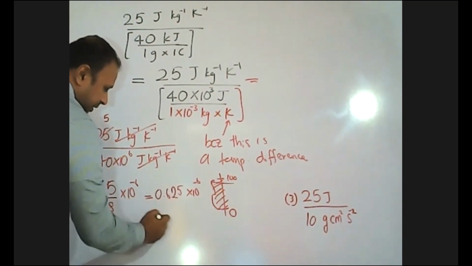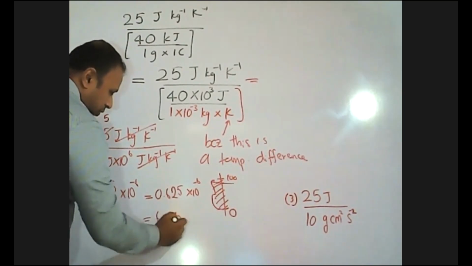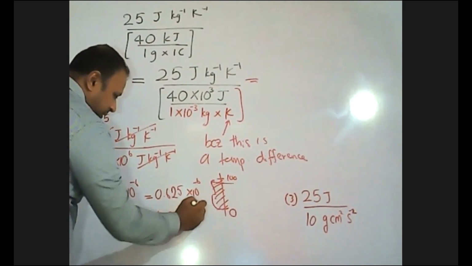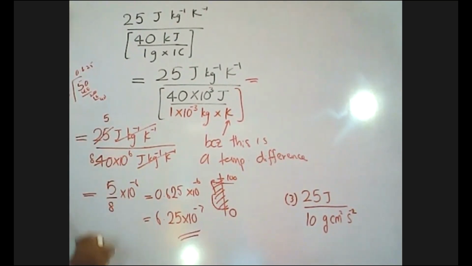So I can write this as 6.25 into 10 to the power minus 7.